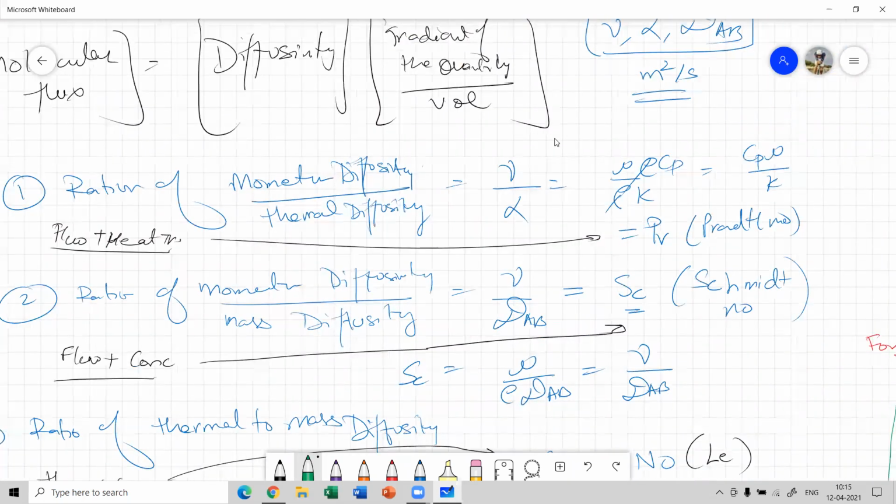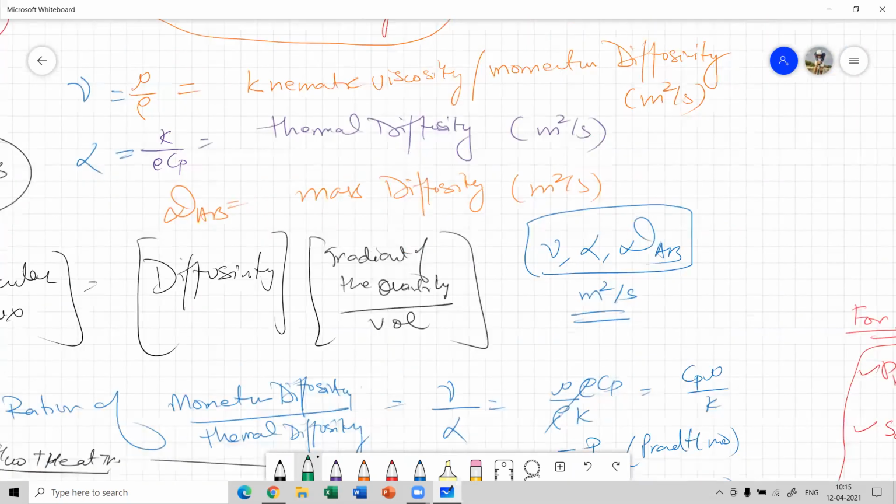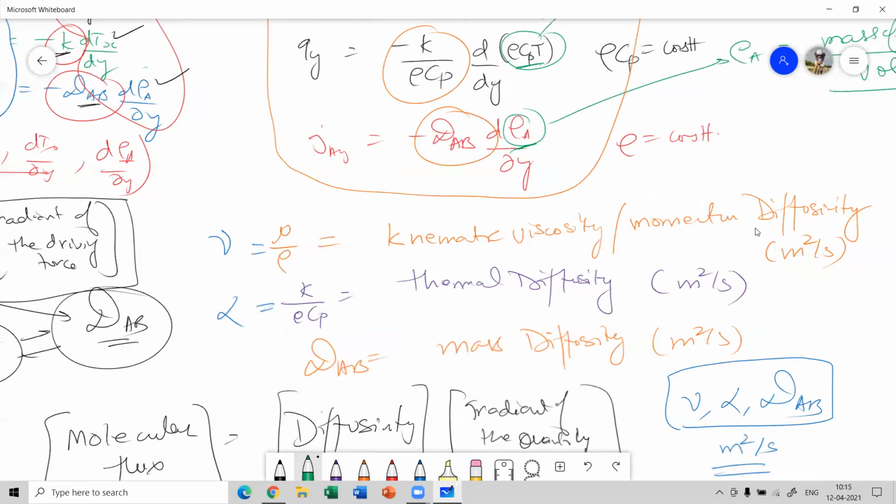Now, this diffusivity can be in terms of momentum diffusivity, thermal diffusivity, and it can also be in terms of mass diffusivity. Momentum diffusivity is the same as your kinematic viscosity, mu by rho, thermal diffusivity is K by rho Cp, and mass diffusivity is DAB.